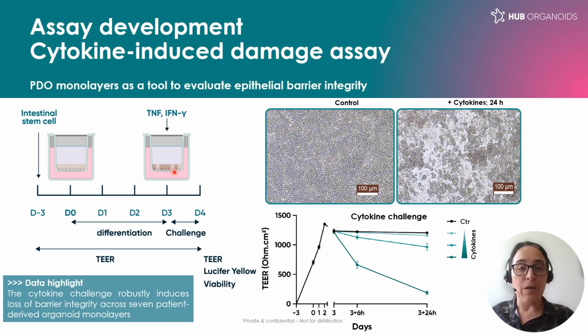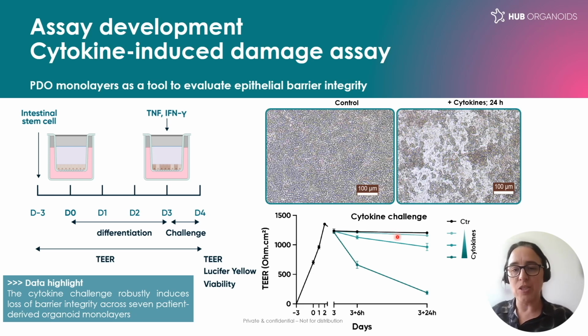When we incubate the organoid monolayers with different concentrations of these cytokines, in this case TNF and interferon gamma, we can see how the monolayer is damaged. Sometimes it's very obviously clear when looking at the surface of these monolayers.